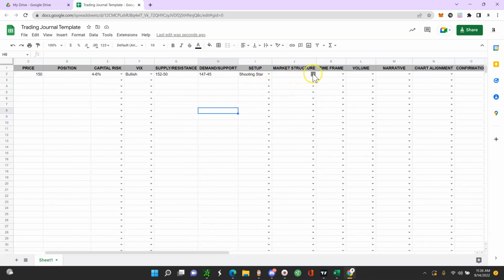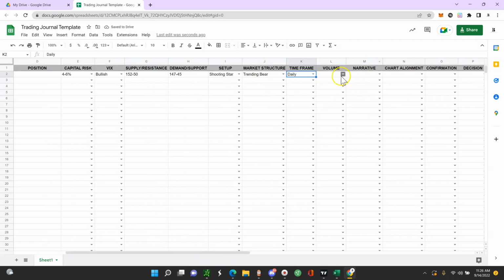So market structure, let's say that I check the market structure on Facebook and it's trending downward, so trending bear, and I'm basing this off of the daily chart. So I look at the daily chart and I see that maybe the volume is below average selling. Is there a narrative?